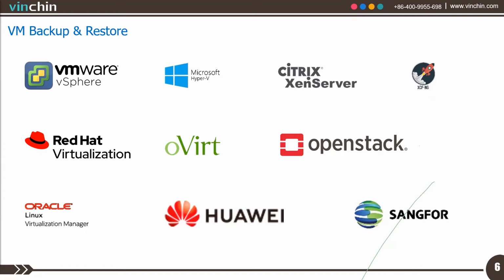Among them, the latest versions, VMware vSphere 7, oVirt 4.4, and XenServer version 8.2, are now supported. And the 2 new virtual infrastructures, XCP-ng and Oracle OLVM, are now supported.